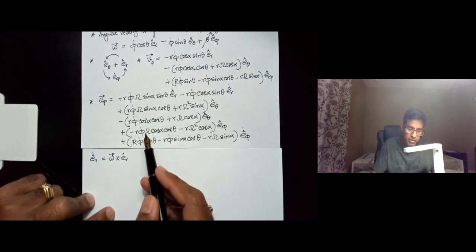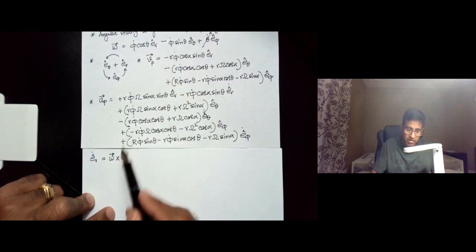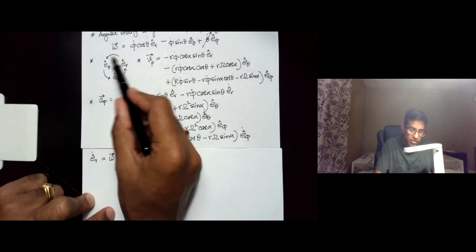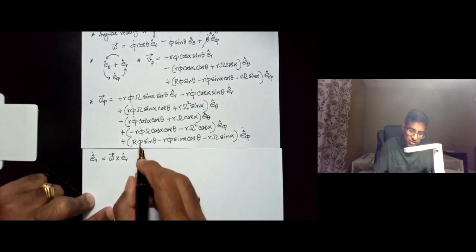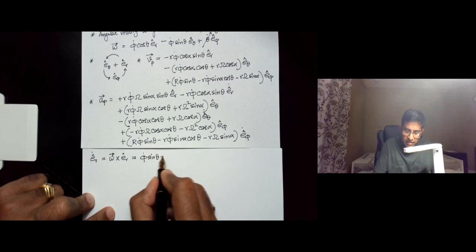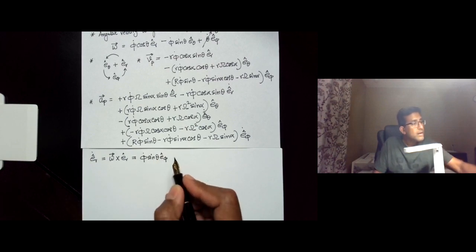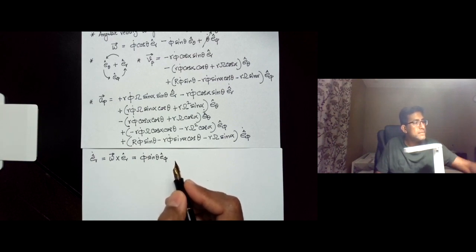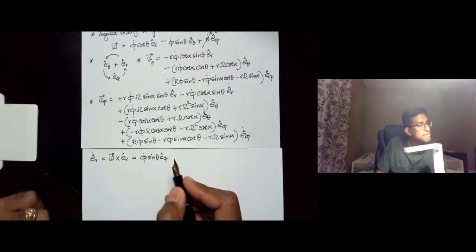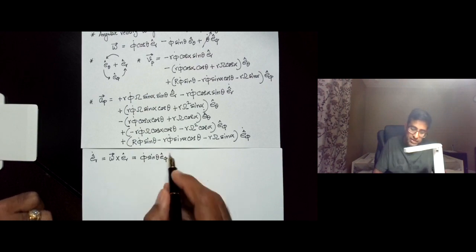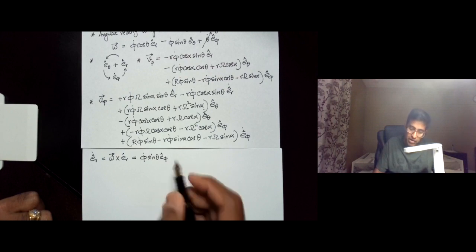So omega cross ER, when we do omega cross ER, then you will have ER cross ER, which is 0, and then you will have E theta cross ER. Now E theta cross ER gives us negative E phi, so this is going to give me phi dot sine theta E phi. So this is my ER dot.